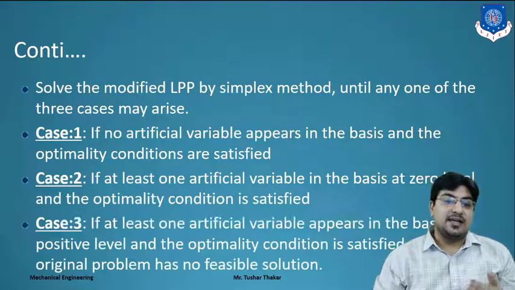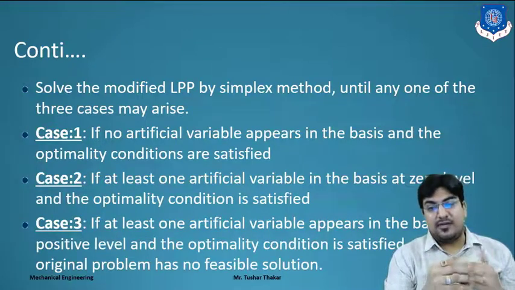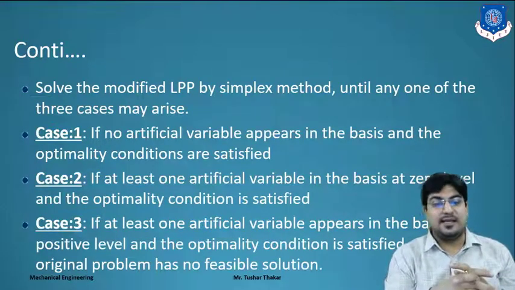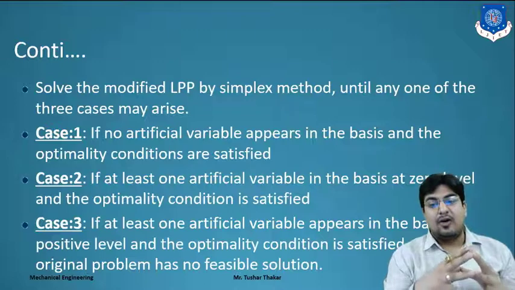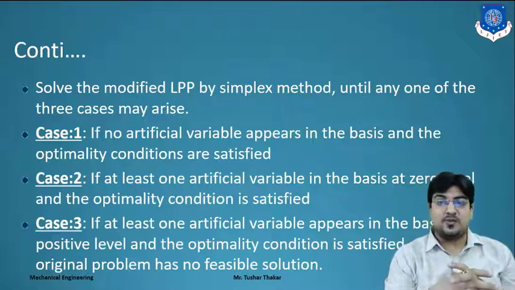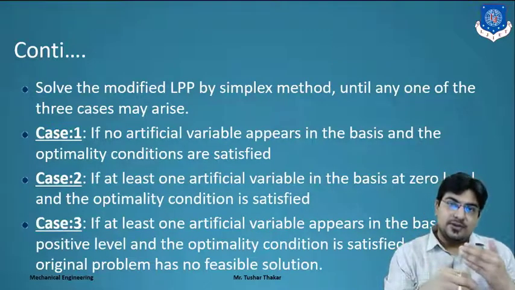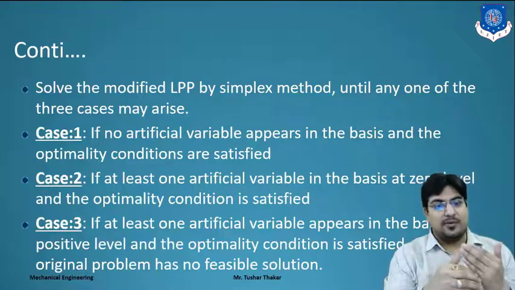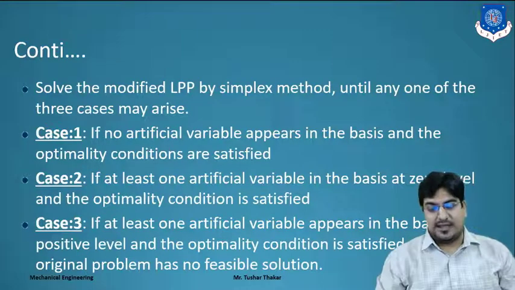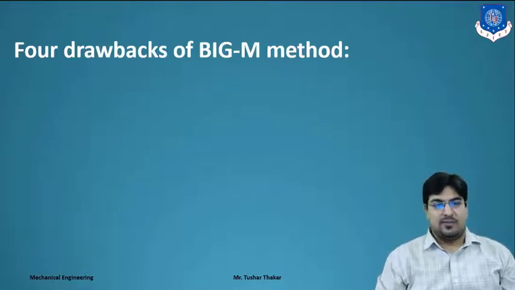Third case, if at least one artificial variable appears in the basis at a nonzero level and the optimality condition is satisfied, then the original problem has no feasible solution. So we have to introduce that variable, solve the problem, and consider all three cases.